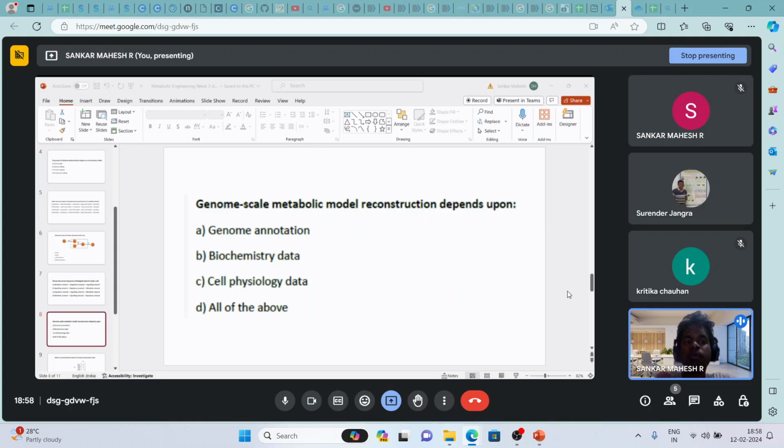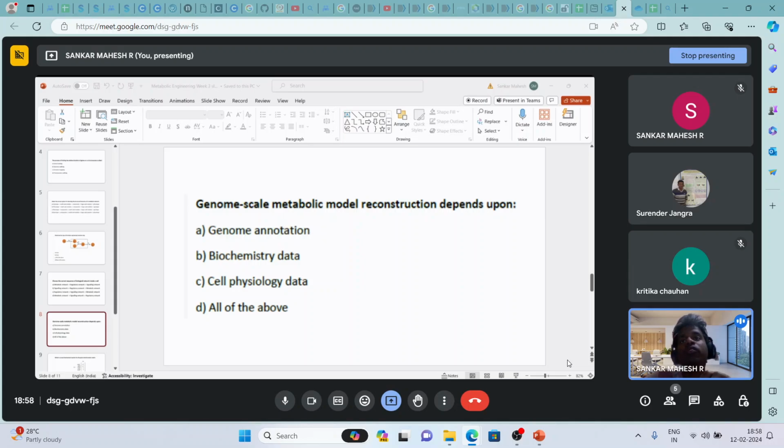Once you sequence it, you annotate it, meaning you identify what genes are there and try to assign a function based on the genes that are present. And you try to give a metabolic network based on this information. So this is basically the minimal version of a genome scale model.